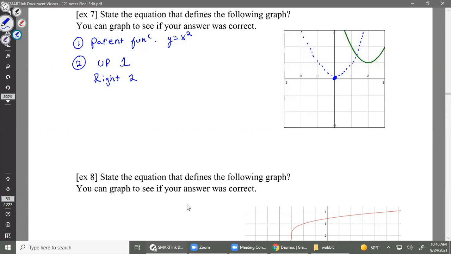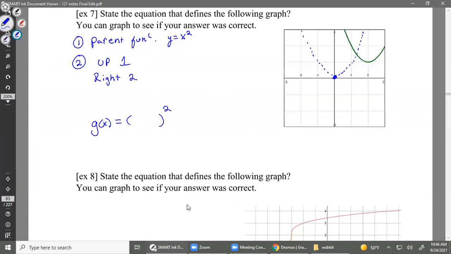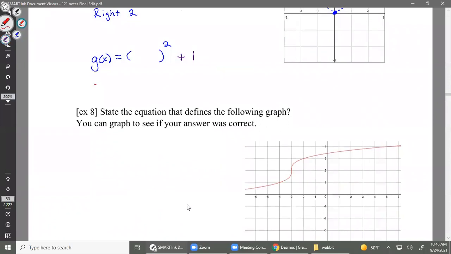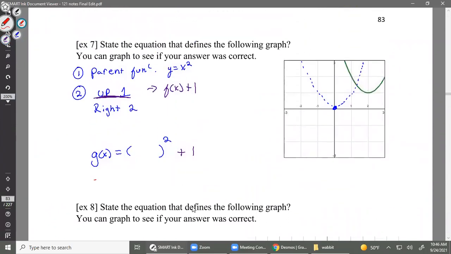So my new function, g of x, we know we had something squared. And I moved it up 1. So I'm going to add 1 to that entire function. And then I moved it to the right. I don't know why the computer screen is glitching.